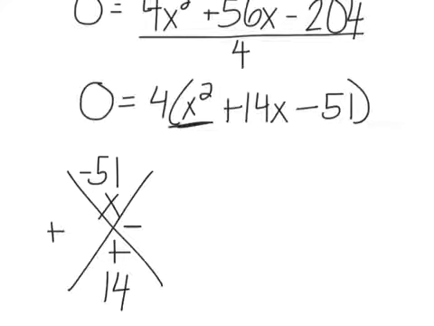Okay, so when I look at this, 51, the only factor I think of right away is 17, which is 17 times 3. So if I put that bigger number here, since the middle one's positive, and the smaller one there, let's check my work. 17 times negative 3 gives me negative 51, which is what I wanted.